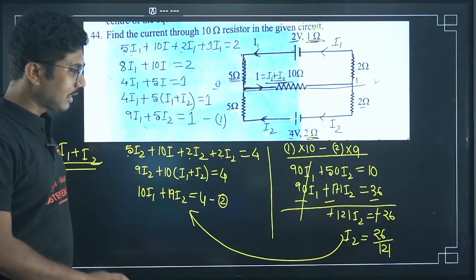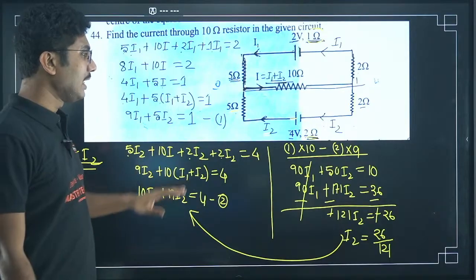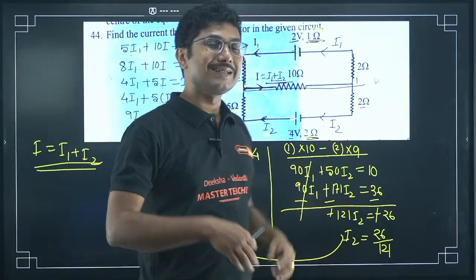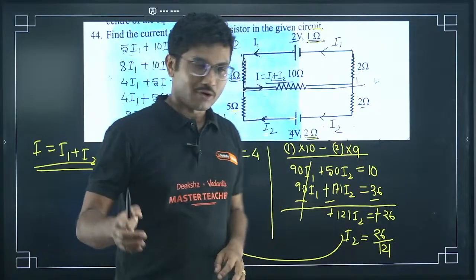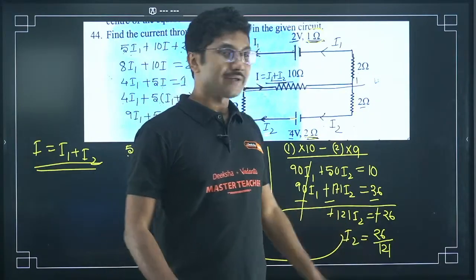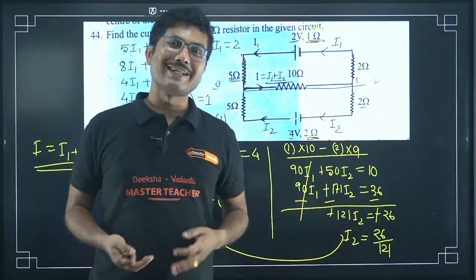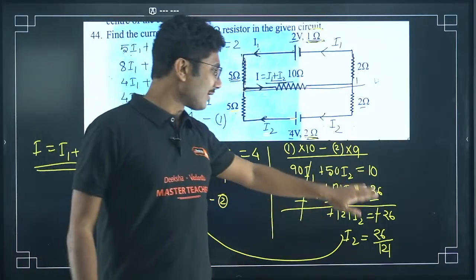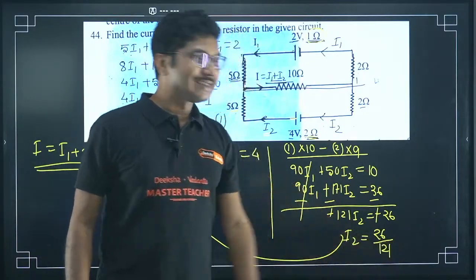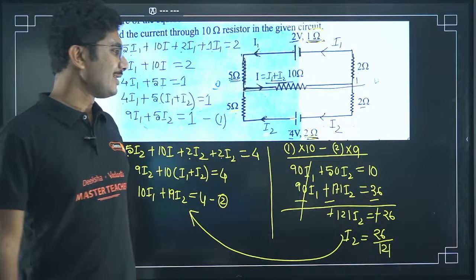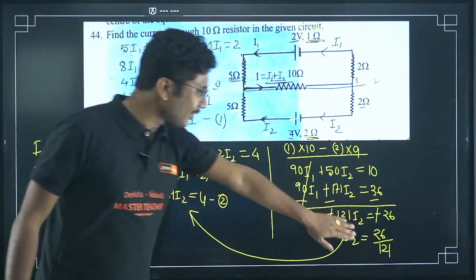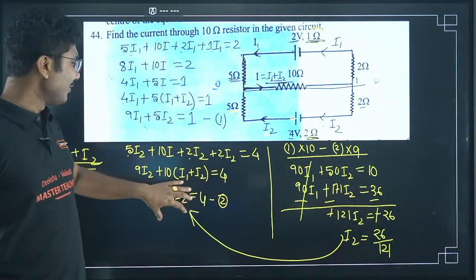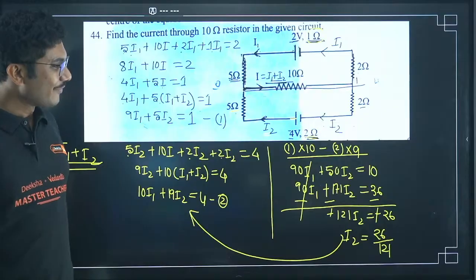This kind of question is not easy, especially after solving it. It does not give you satisfaction for one thing. Even after solving it correctly, you might think that maybe my answer is wrong, because after doing all the hard work, I got 26 by 121, which does not look pretty. And then after solving this, you have to use this value in one of the other equations to get the value of I1.